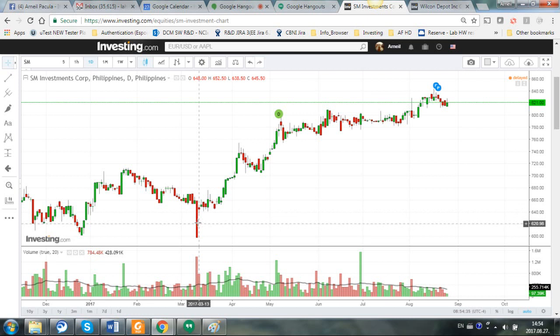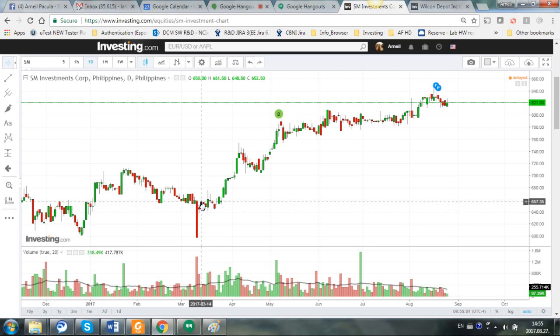So, always remember na you are investing to a very good company. Very good. Of course, you need to confirm it by fundamentals, di ba? Makikita mo naman yan. If there is no such reason to sell, like one of those reasons is that nagkaroon ng napakaliit na earnings during that year or during that quarter.